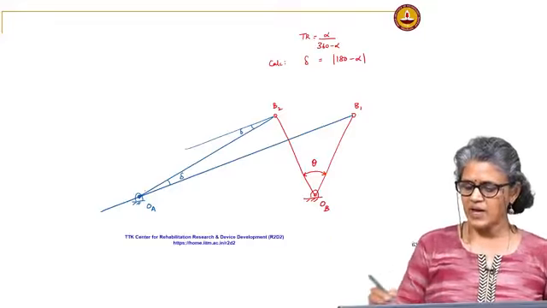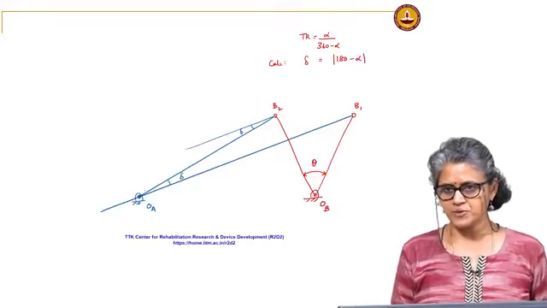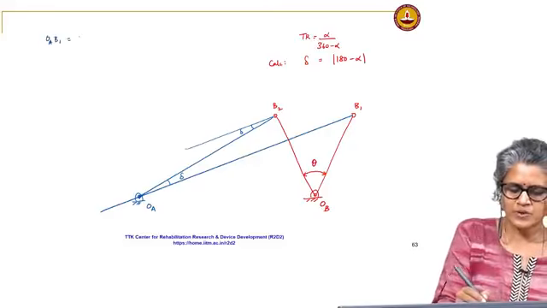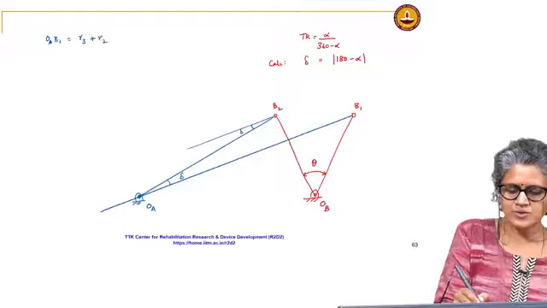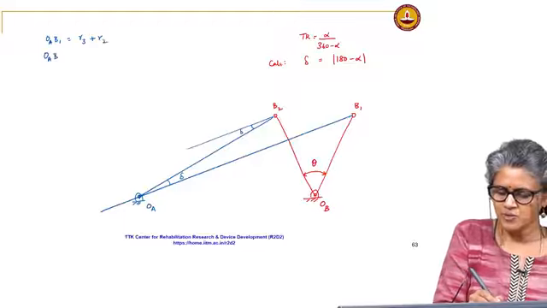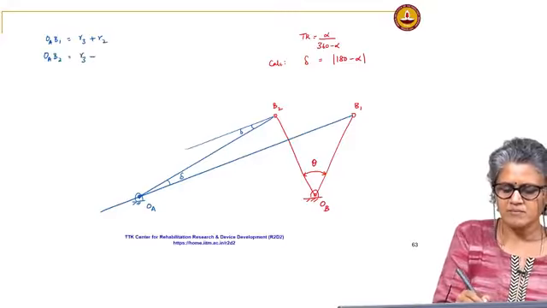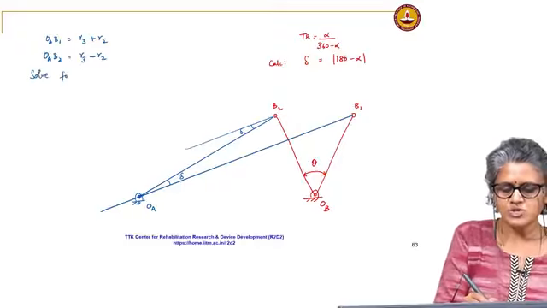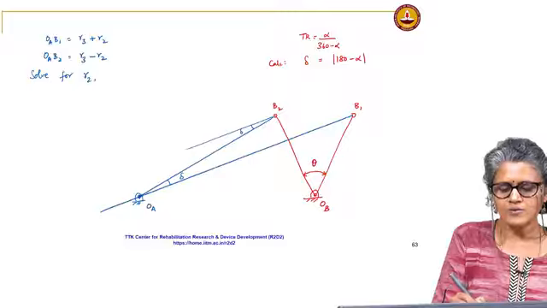Now, I have OA B1, OA B2. So, I know OA B1 equals R3 plus R2, OA B2 is R3 minus R2. So, from this construction I solve for R2 and R3.